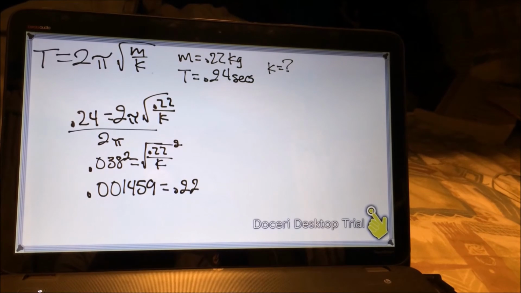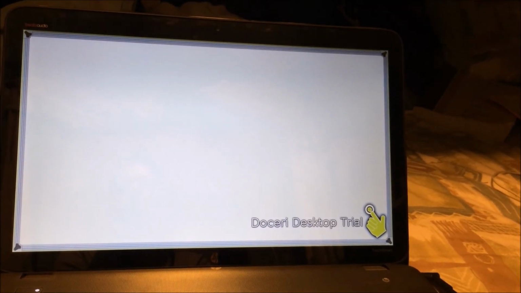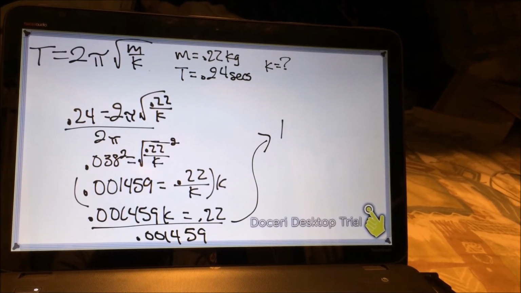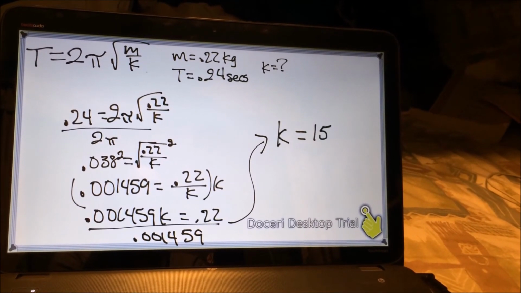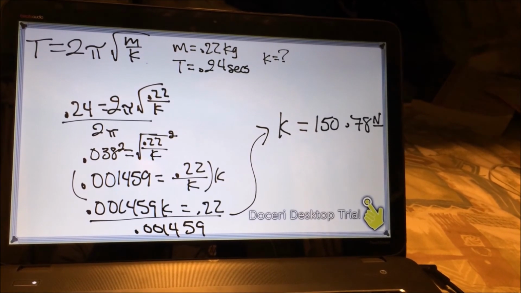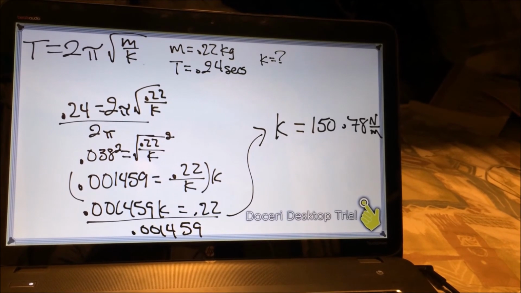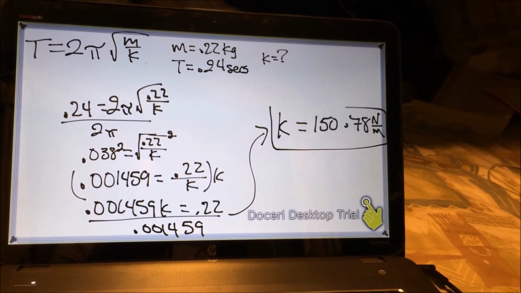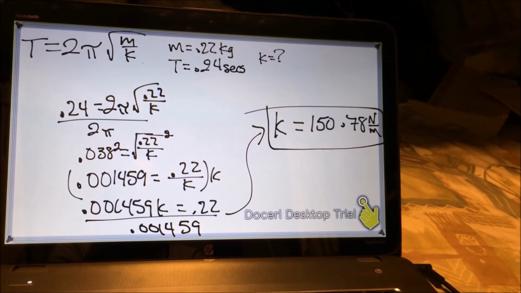Then you're going to divide everything by 0.001459, and this will leave us with k equals 150.78 newtons per meter, and that is how to find the spring constant of a spring.